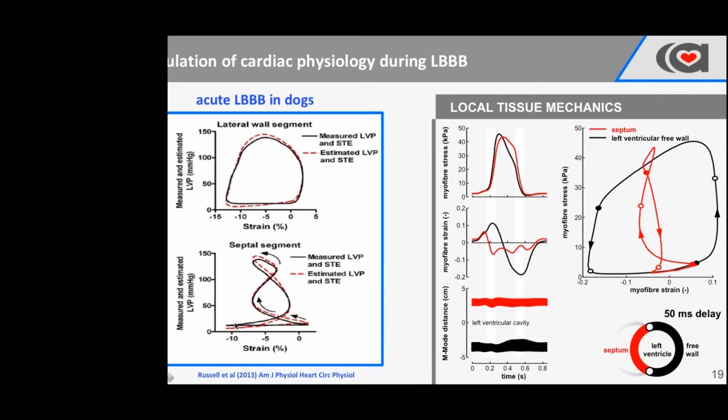And then you see that if you take pressure, which is a proxy for stress, and put that against the strain, you clearly get, in dogs as well, figure of 8 loops with negative work for the septum, whereas the left ventricular lateral wall is blown up and has to perform more work. So even with the TriSeg, only 3 segments, we were able to get to these results, which is very encouraging.